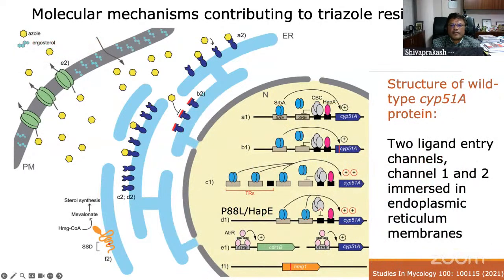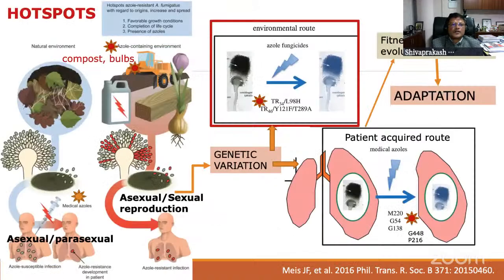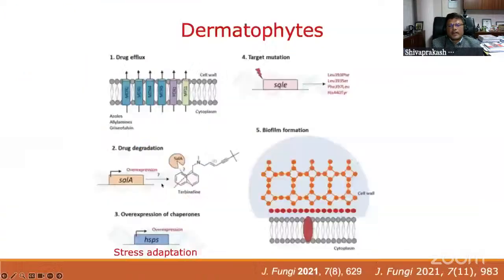These I have already covered, and this is just telling you the important mechanisms. Most isolates that have the TR mutation as well as the point mutation will be resistant to the majority of antifungals. Other, lower-frequency mutations like Y121F, mainly present in yeast ERG11, have also been identified in Aspergillus fumigatus, imparting resistance. This is all environmentally driven, and patients acquire the infection through this.